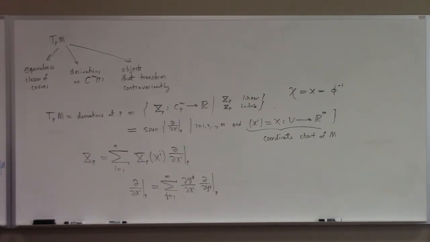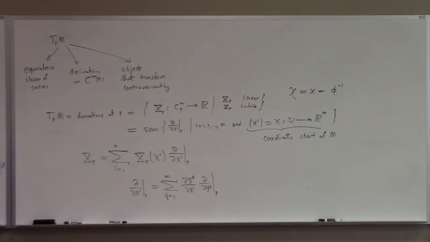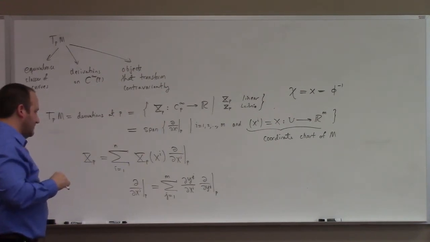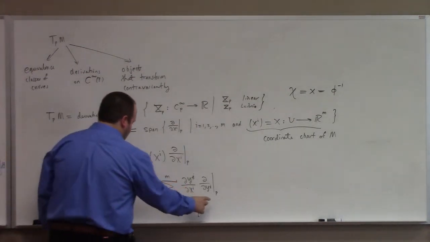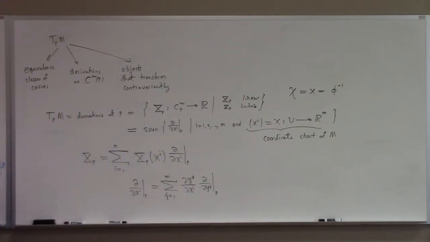I mean, I'd have to express the y sub j's in terms of the x sub i's in order to actually make this go. I have an explicit example of this later. But anyway, so if I plug this in here, then I could figure out how the coordinates of a derivation transform, and we'd find out that they transform inversely.